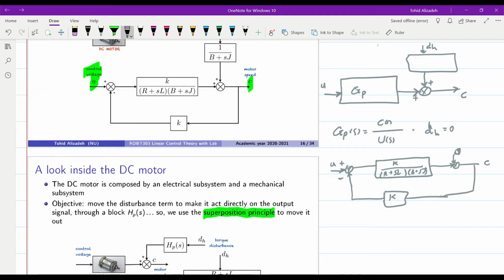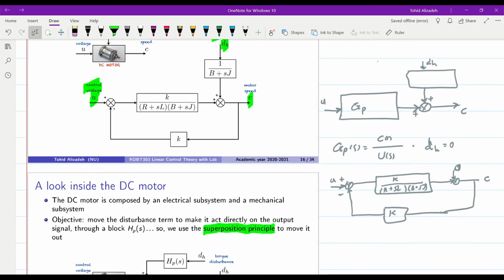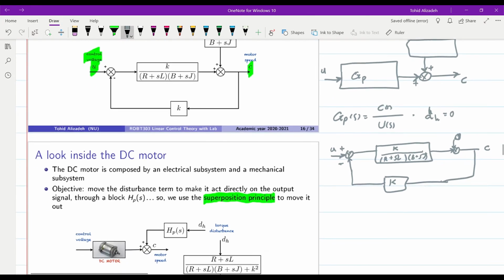As the input dH becomes equal to 0, the output of 1 over B plus SJ block becomes equal to 0, and as a result we will have this. And obviously we can here neglect the summing point. So what we have is a simple feedback loop.